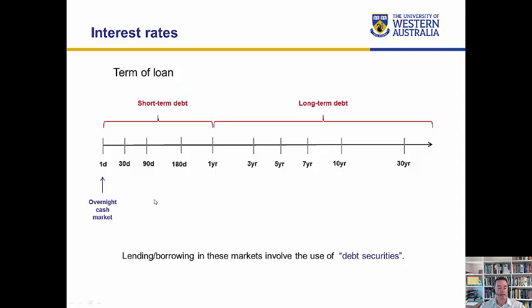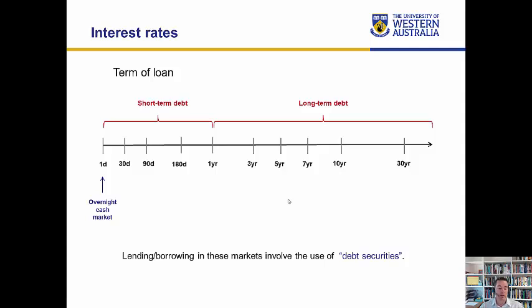So when companies and governments go into wholesale debt markets and borrow for less than a year, we're going to say they have entered short-term debt markets. And when they borrow for more than a year, we will say that they have entered the long-term debt markets.